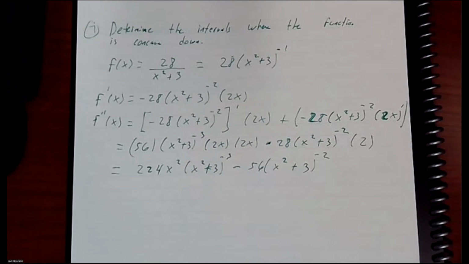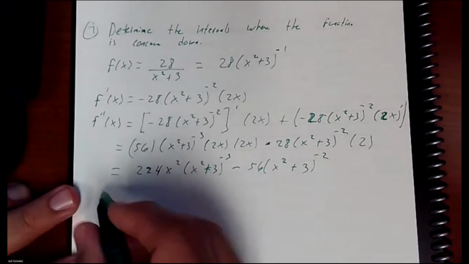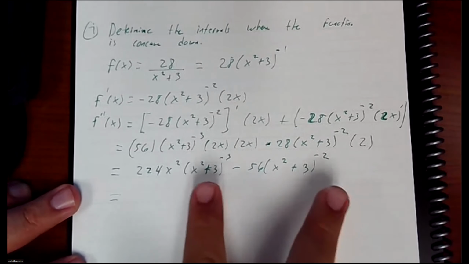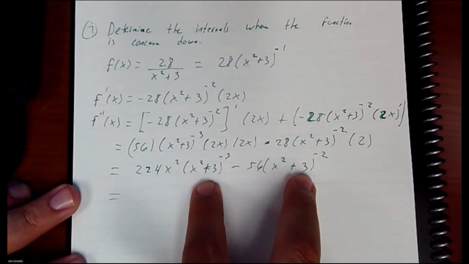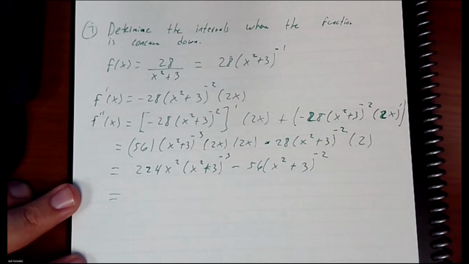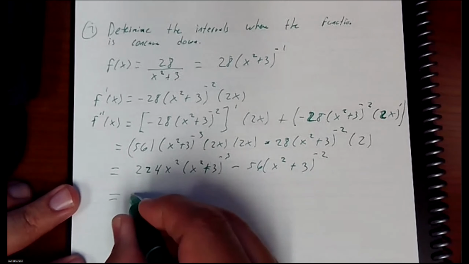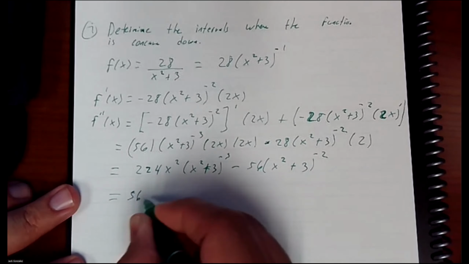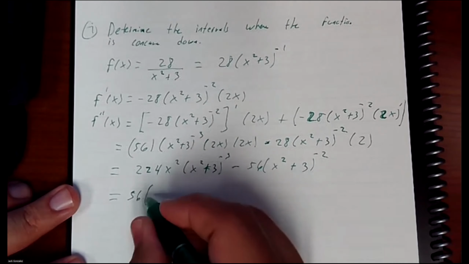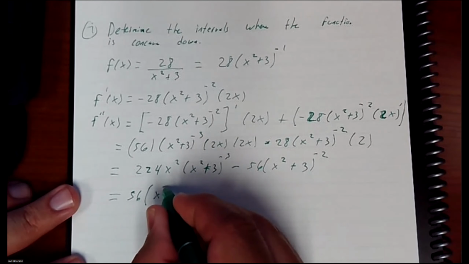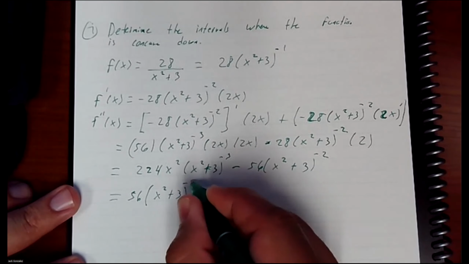Let's factor. I'm wondering if quotient would have been, well, not easier, but prettier. This is kind of funky looking. So let's factor 56 out of both. 224 divided by 56 goes in 4 times. And x squared plus 3 to the -2.